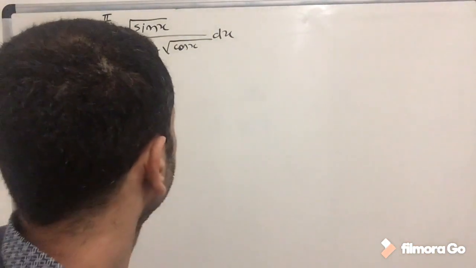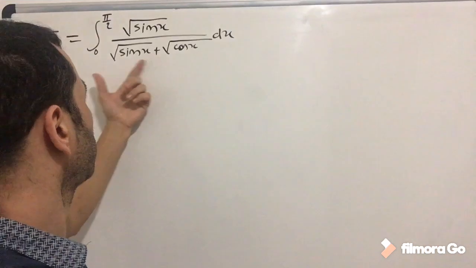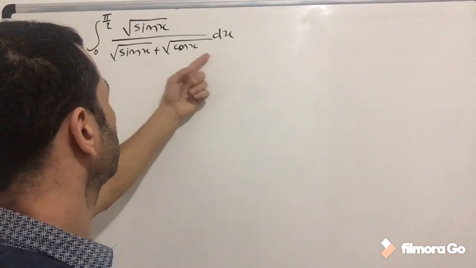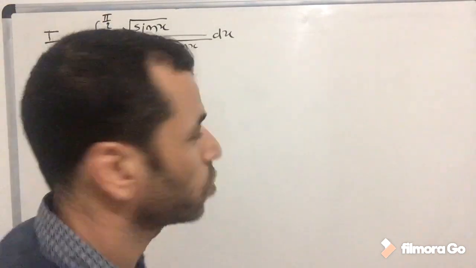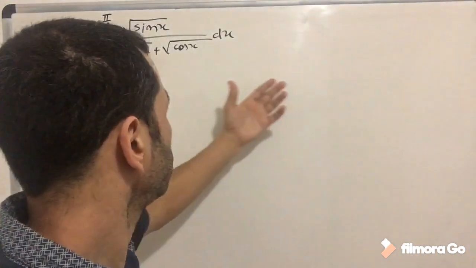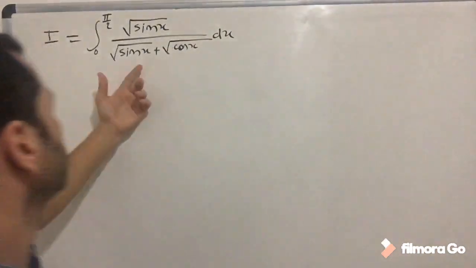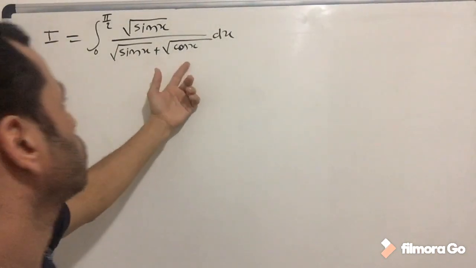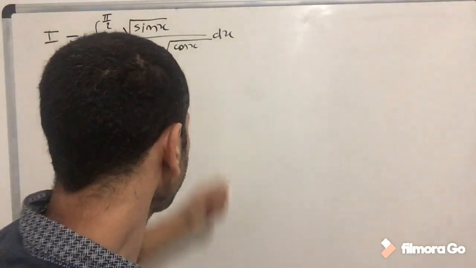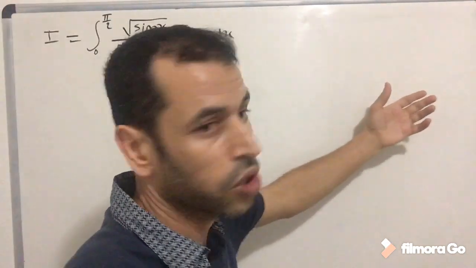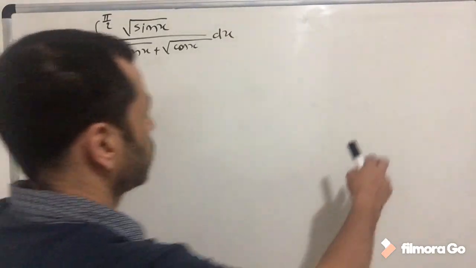if you take a look here, at the bottom we have the square root of sine x plus the square root of cosine x. To go through substitution here, for example u equal the square root of sine x or the square root of cosine x, it's very hard to do it this way, because once you go through the differentiation you get a big long expression.